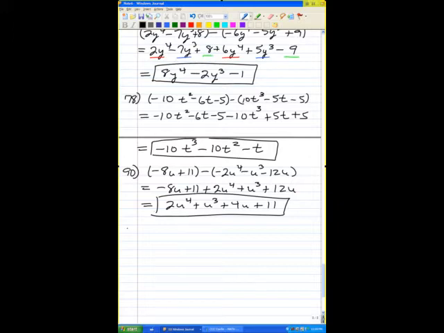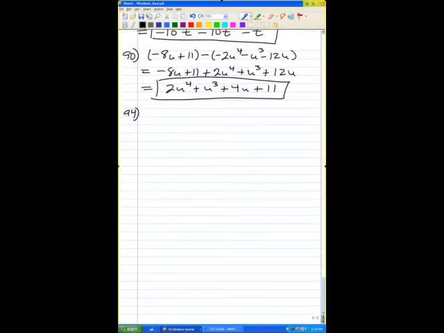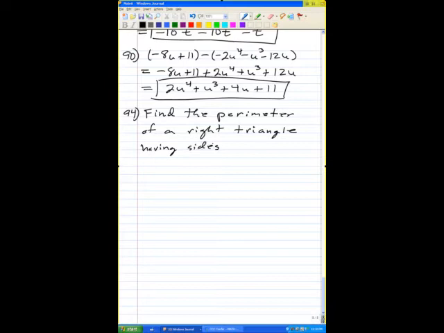Let me do problem 94. In problem 94, it says, find the perimeter of a right triangle having sides as given in the figure.